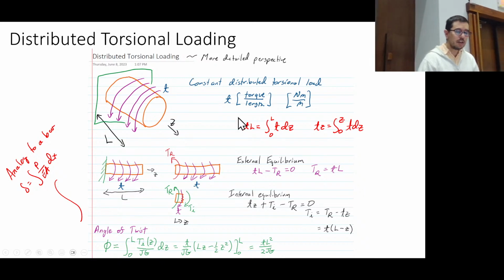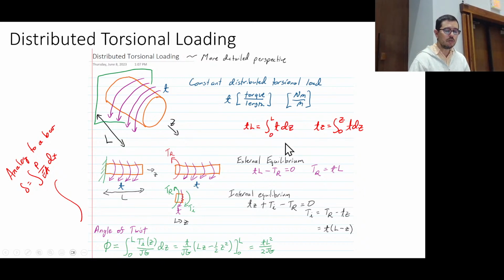So the integral rule that we use is saying that, okay, I've got some distributed torsional load, t, distributed torsion, right? And I do the integral of t dz, and that gives me a TL.